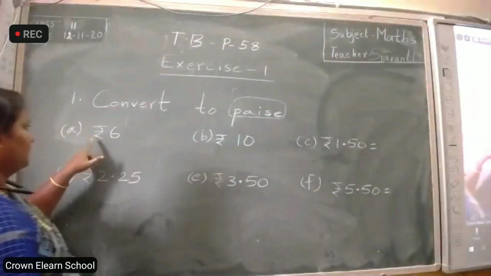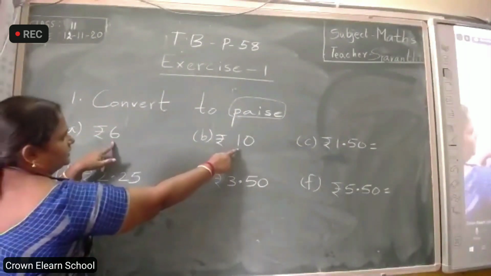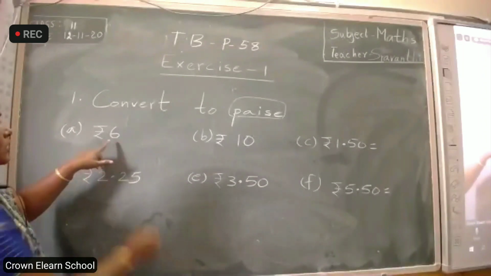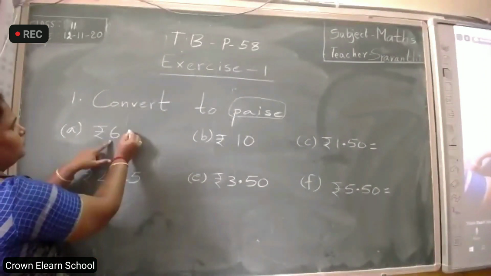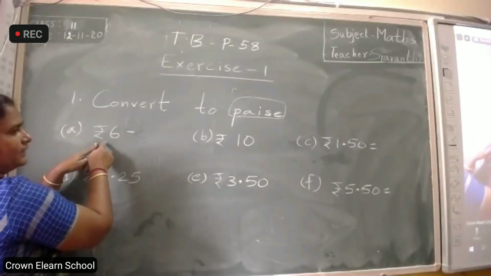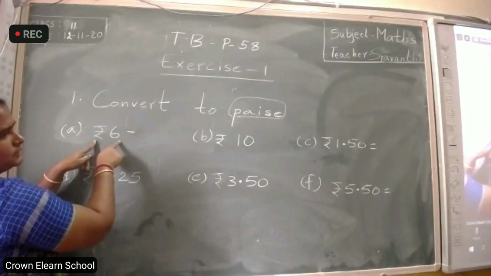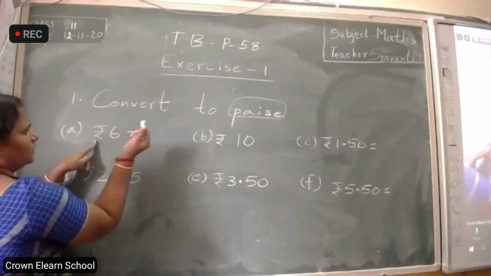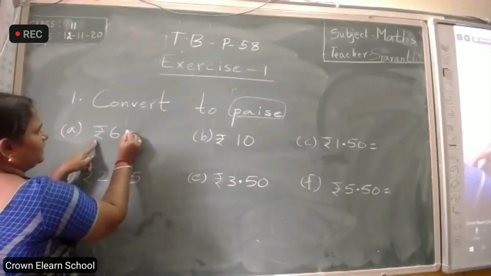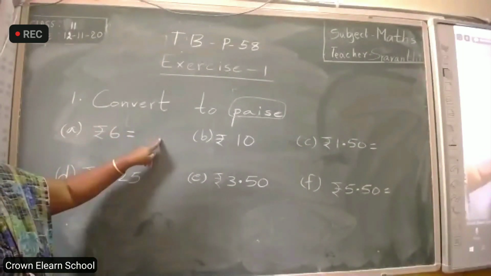See, convert to paise. If there are only rupees, what should we do? We put an equal to sign there. 6 rupees is already in the textbook. You need not write it. Just take your pencil and write the equal to symbol there. Now we are changing these rupees to paise.